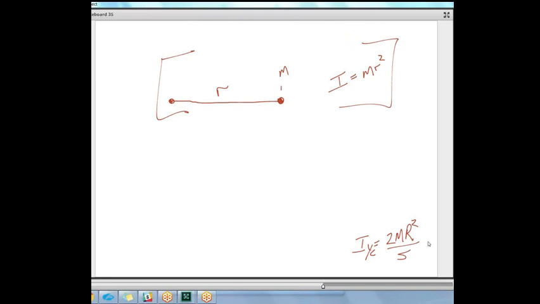So we said if we've got a point mass on a long string, I is mr squared, where little r is the length of the string. If we have a large mass spinning about its center, well, then we consider the shape of the mass. If it's a sphere, then I equals 2m r squared over 5, and for other shapes we could look at the table. What if we have a sphere, but it's spinning about something other than its centroid?